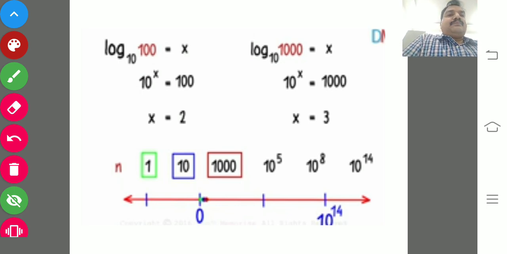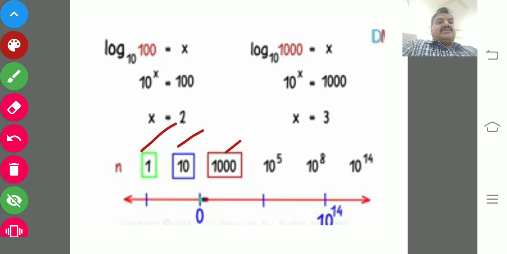Here I would like to represent values from tiny to huge numbers like 1, 10, 1000, 10 power 5, 10 power 8 and 10 power 14. You are asked to represent these values on a number line, how would you do it? It's a little bit of a task. 1, 10, 1000 are common numbers, and 10 power 5 you also know, because it's like a human being's salary.